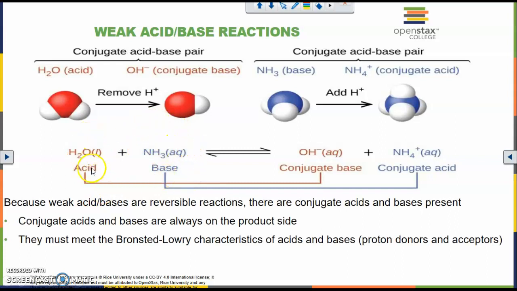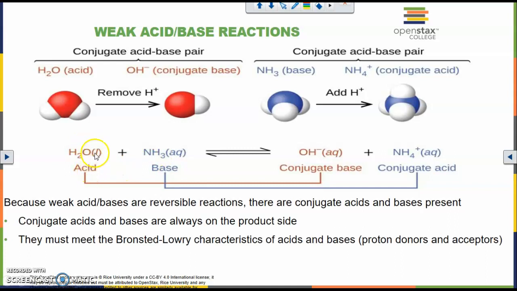And the reason why I know this is if you look at the product side, water is the one that lost the hydrogen, right? It went from HOH to OH minus. So again, you know for a fact that the species that lost the hydrogen ion is going to become negatively charged, and the species that will gain a hydrogen ion will become positively charged. Okay, so proton acceptor, base, and then proton donor is going to be the acid.